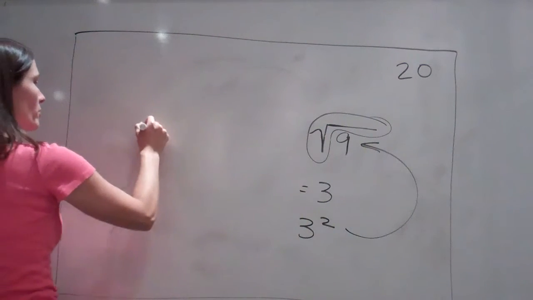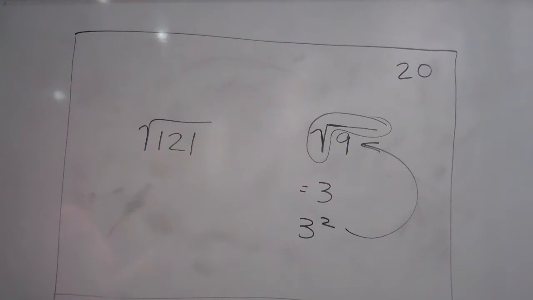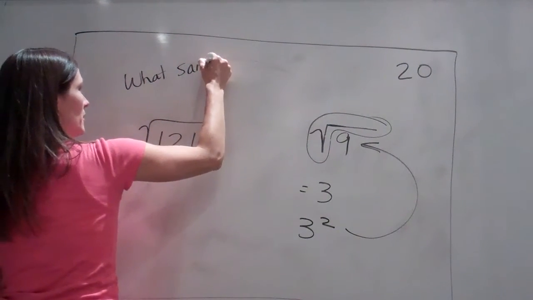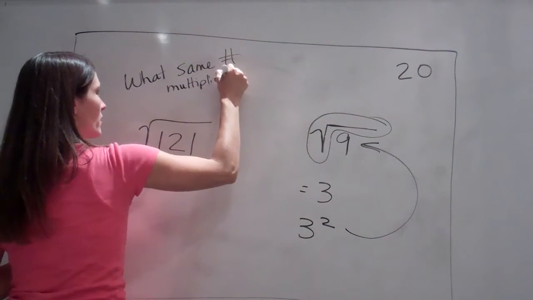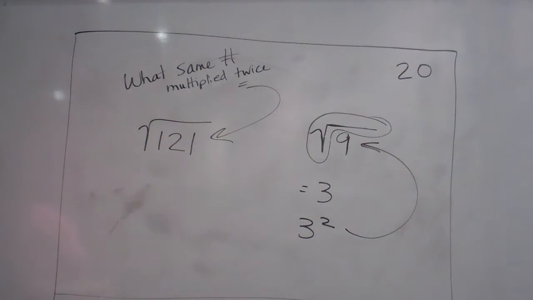What is the square root of 121? They're asking you what same number multiplied twice equals this. 9 times 9 is 81.